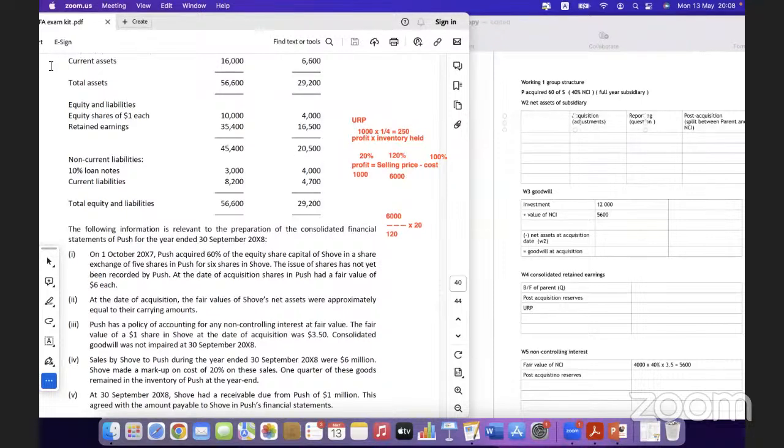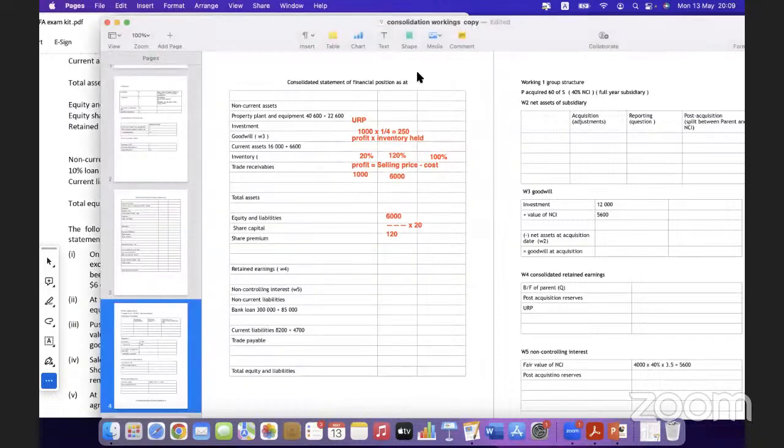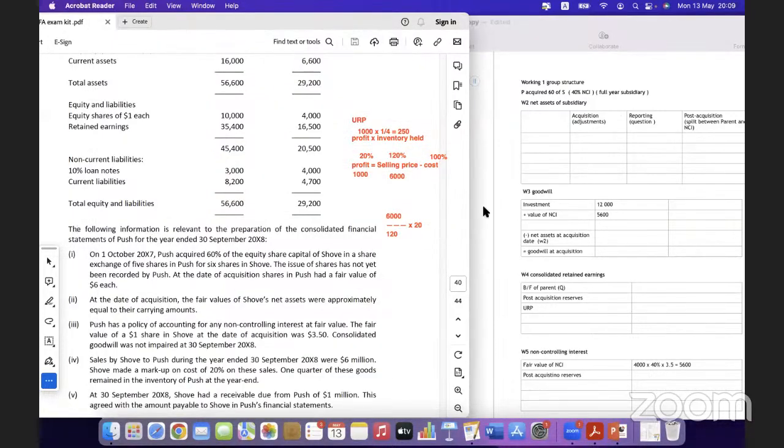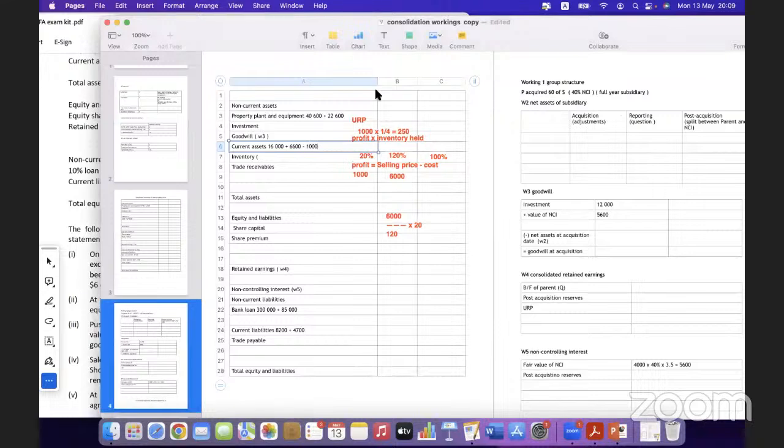We eliminate them. For one company, receivable is a current asset, so we should remove this from current assets, minus 1 million. For the other company, it's a payable, so payable means current liability. Go and remove that 1 million from current liability, payable.